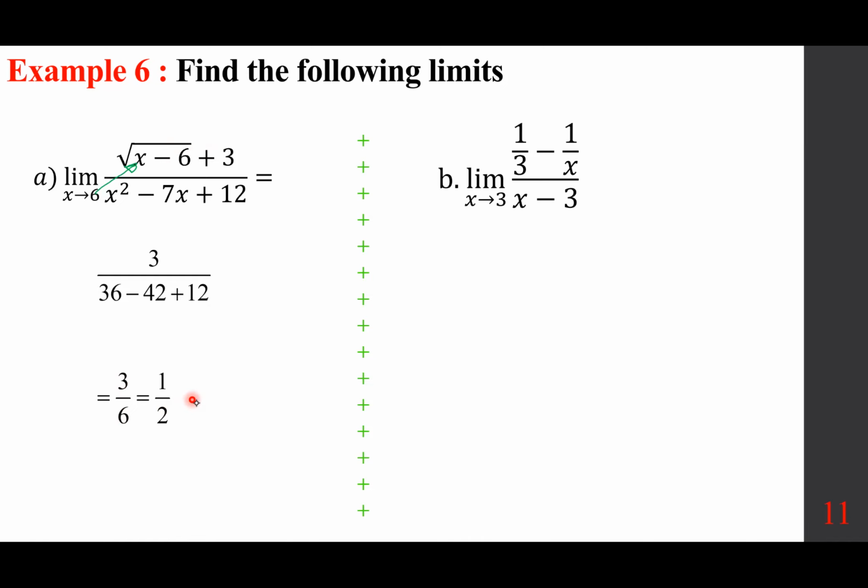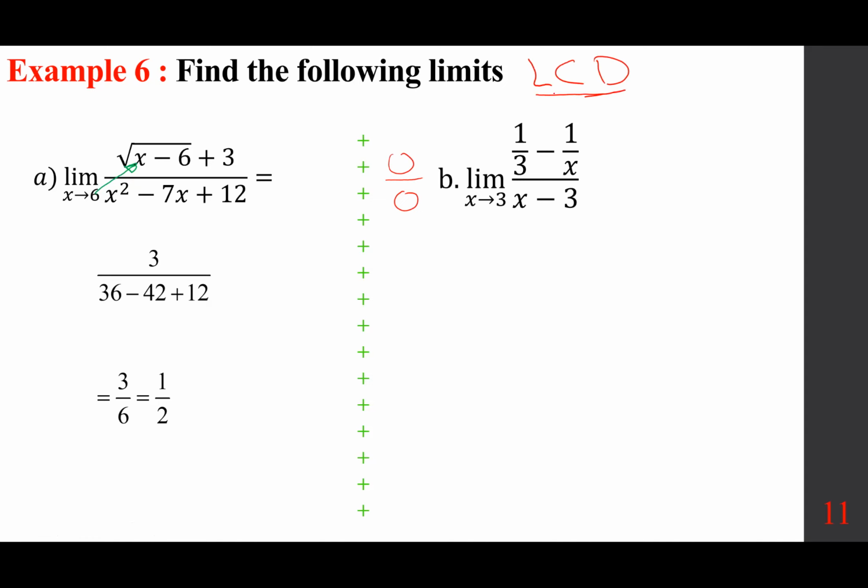Part B, if you plug in 3, you end up with 0 in the numerator because 1/3 minus 1/3 is 0, and the denominator is 3 minus 3. So you are dealing with a complex fraction.